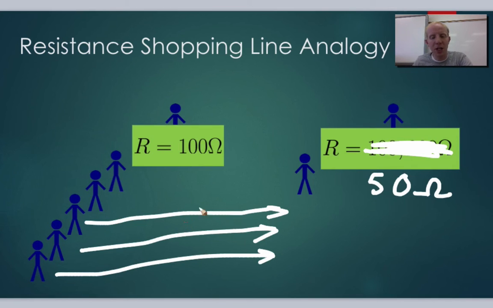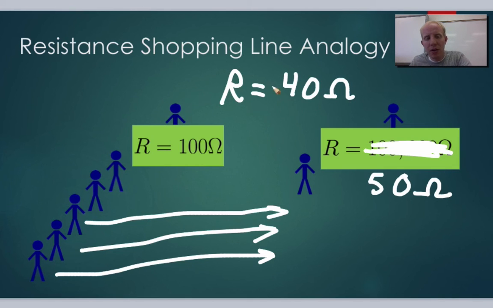Electrons do the exact same thing. You put in a 50 ohm resistor, most electrons are now going to jump to the other resistor, go through that because it's less resistance. Some will stay with this one, but overall the total resistance is going to be less than both of them combined, right? Whatever it is. I'm just making these numbers up, but you get the point, right?